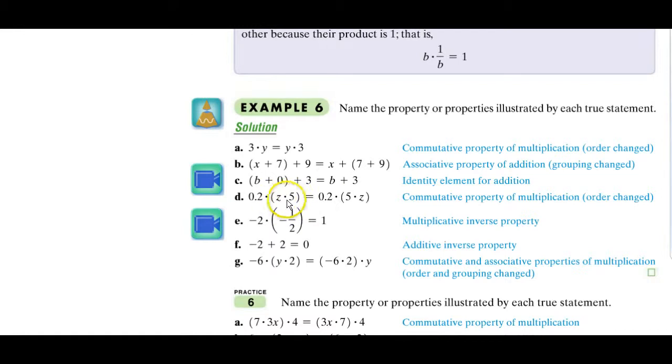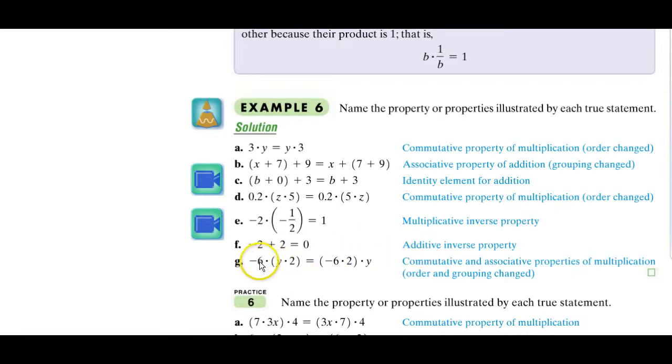So that's the commutative of multiplication, all right. Here we're multiplying something that makes it a product 1. That's the reciprocal or the multiplicative inverse property. Here we're adding opposites, the additive inverse.